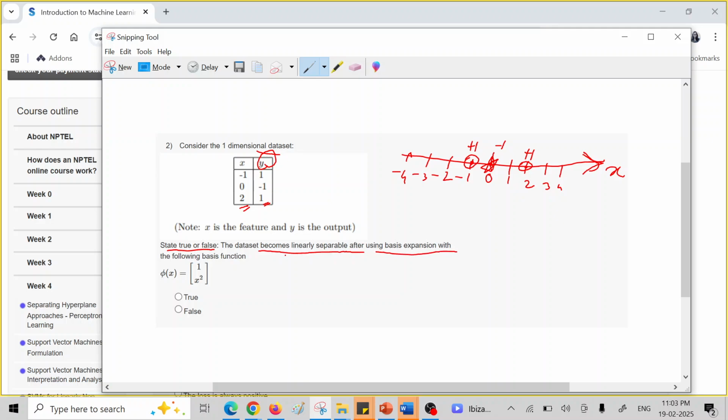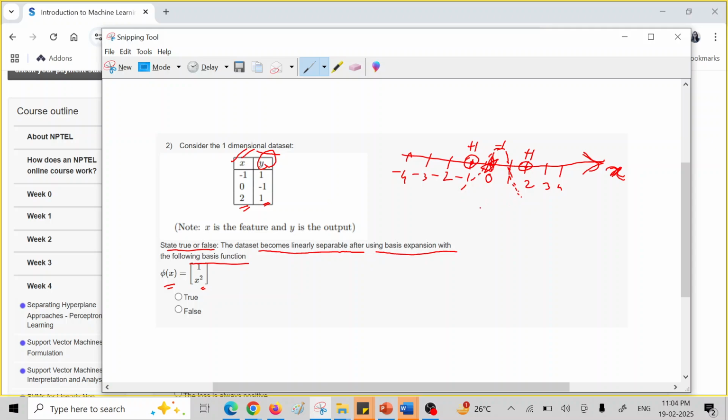after using basis expansion with the following basis function, phi of x equals 1, x square. When I plot the original data set, this data is not linearly separable by one hyperplane, the hyperplane given by the SVM.